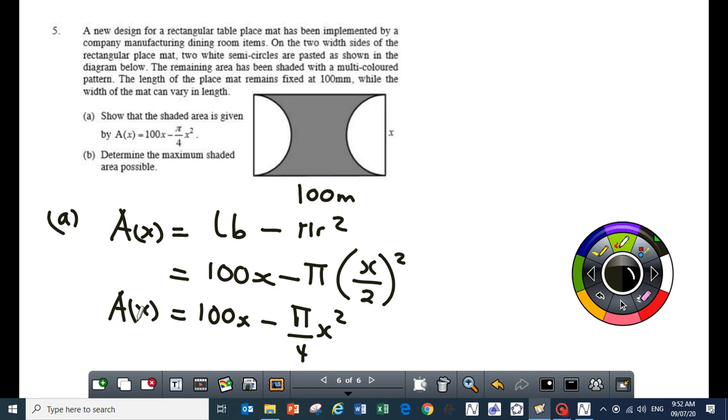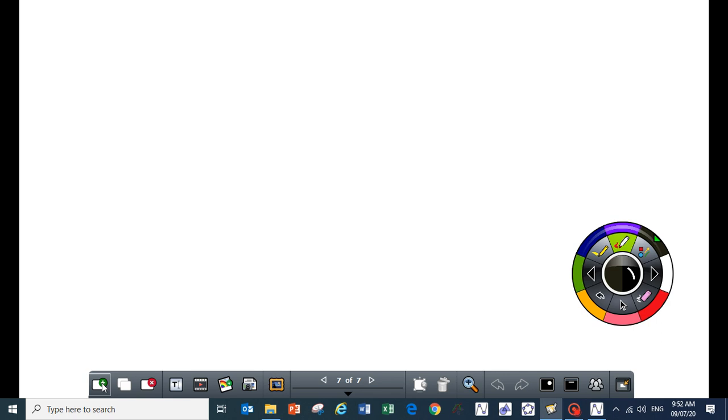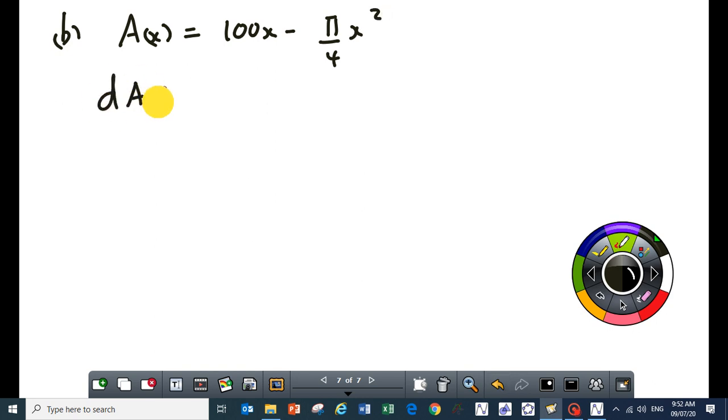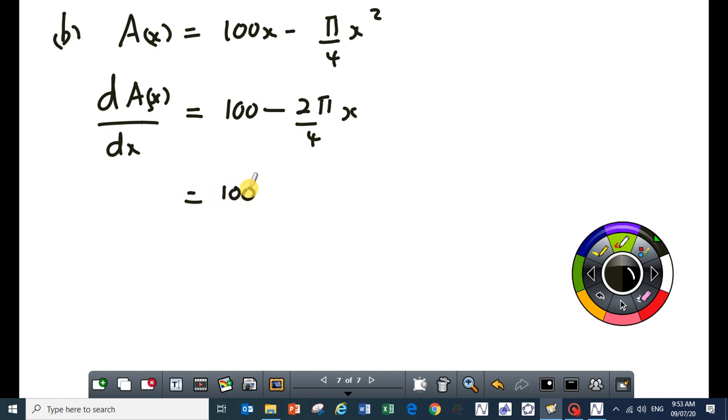So let me do that quickly because I'm going to take part of the break. Part B, A of x equals 100x minus pi over 4 x squared. So we are going to say dA of x over dx is 100 minus, remember pi over 4 is a constant, so this we can write as 2 pi over 4 x, which I can simplify as 100 minus pi over 2 x.